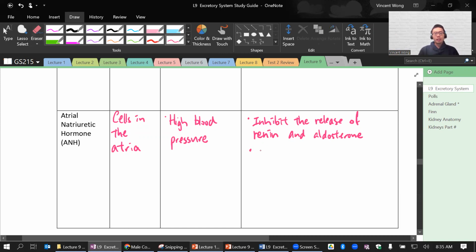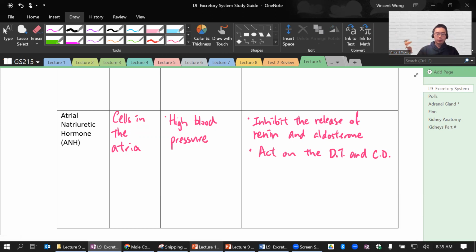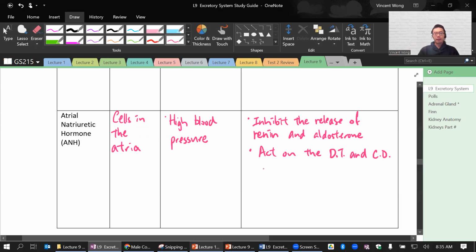But furthermore, it will act on the distal tubule and collecting duct, essentially doing the exact opposite of what aldosterone is doing. So we're going to have increased sodium and chlorine secretion.